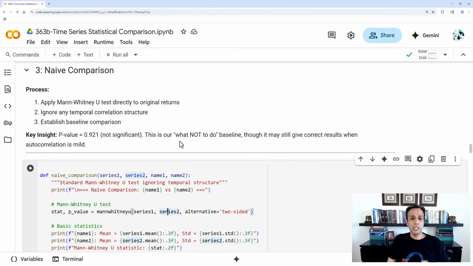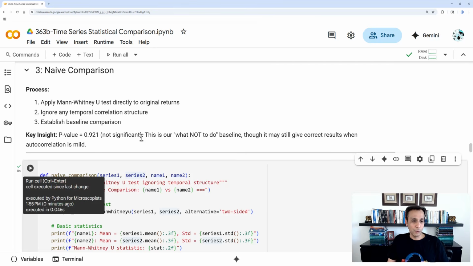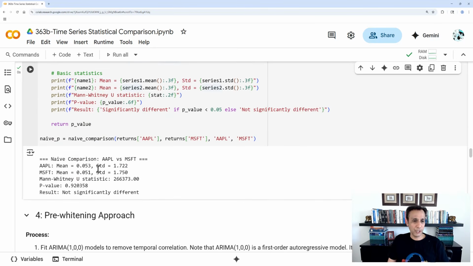That means the naive baseline is giving us the result that we expect, even though it may violate the autocorrelation or some other rules. But this is our baseline. So let's go ahead and check. In one case, the mean value, none of that matters. Our p-value is what matters in this case, right? 0.92.